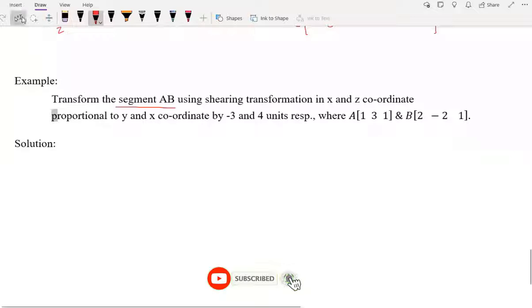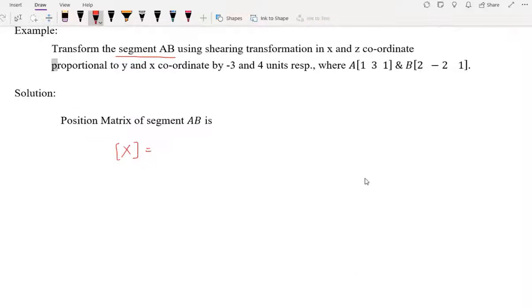So how to write the position matrix of the segment AB? I'll write it here. Position matrix X. Two points are given, A and B, so we write them in a column matrix form, the point A and point B of this segment AB, with their coordinates.